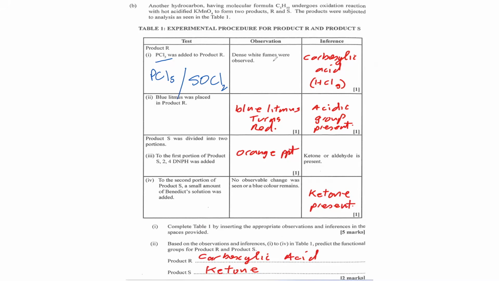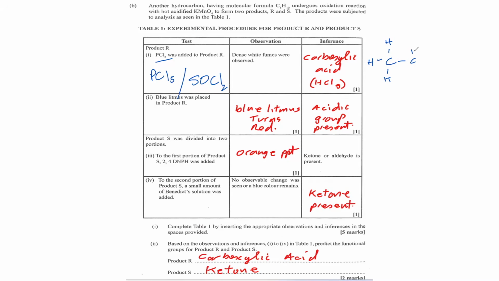In this case, if we get a positive result with our acylating agent, then our inference, our conclusion, is that we're looking at a carboxylic acid. Because what the acylating agent is doing is converting a carboxylic acid into an acid chloride.